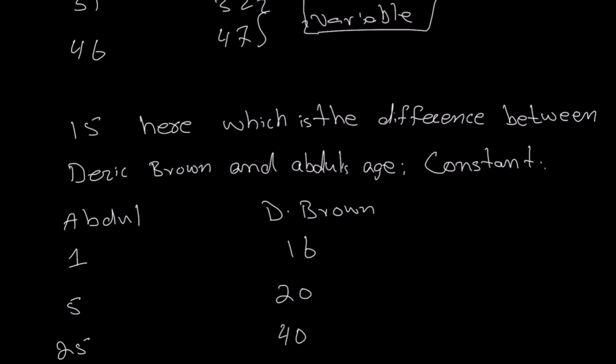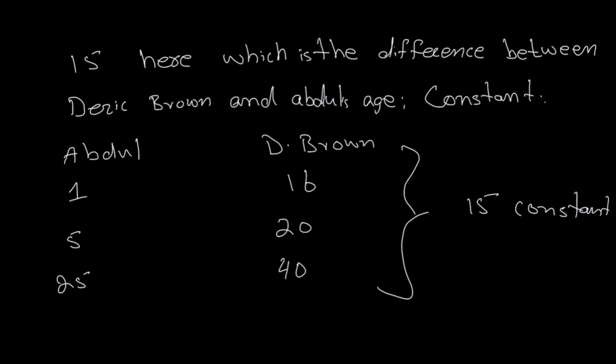So this tells us the difference is 15, which is constant because we've been having a difference of 15 years, but the ages of mine and his change regularly, timely. I mean, our ages increase. It doesn't stay constant, and we call them variables.